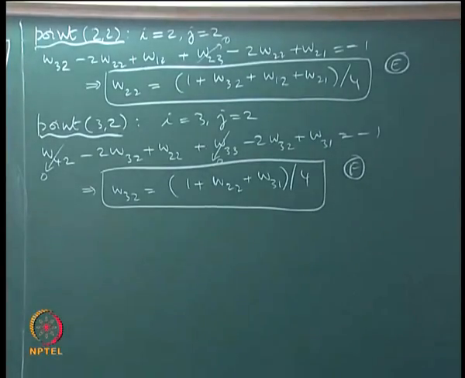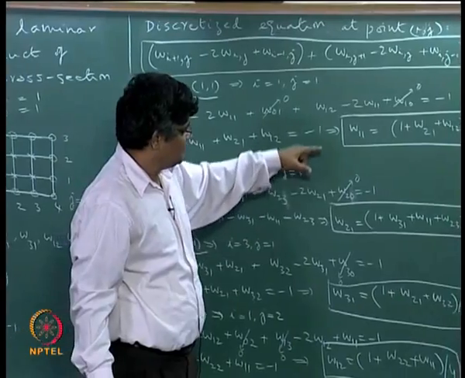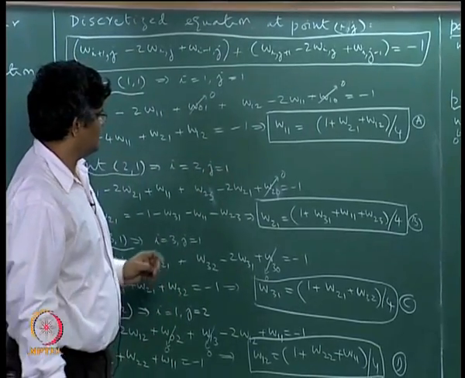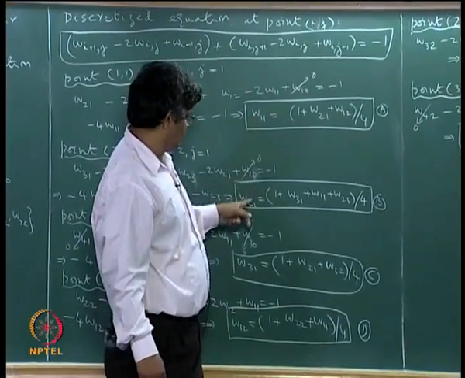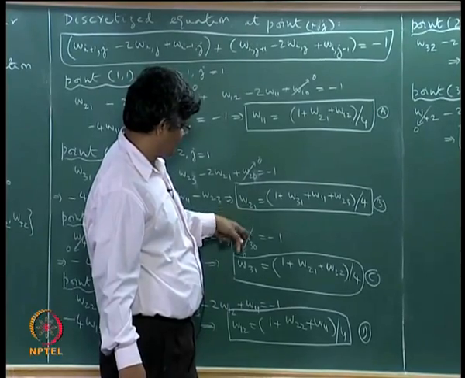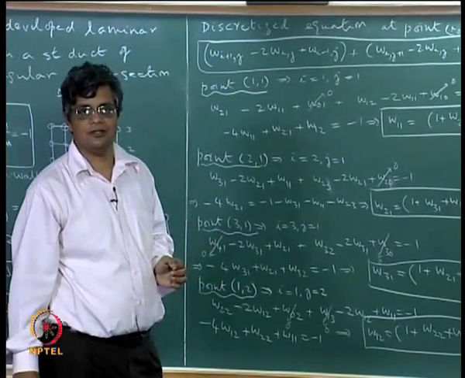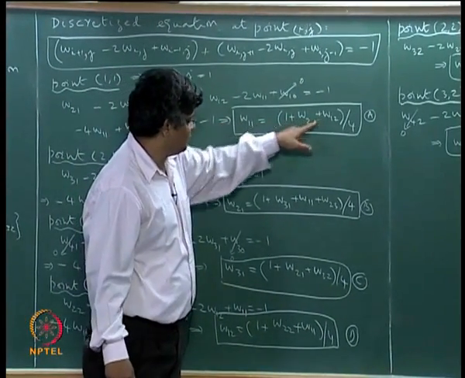These can be solved, these are algebraic equations, and these are such that we cannot solve any of these equations individually. So we cannot from this equation find W11, or from this equation W21, like that. So these are simultaneous algebraic equations, and these are also equations with constant coefficients.